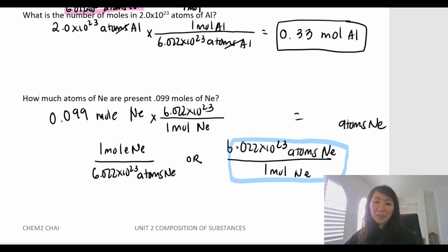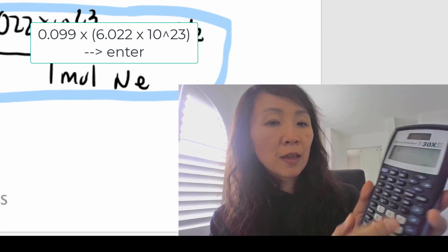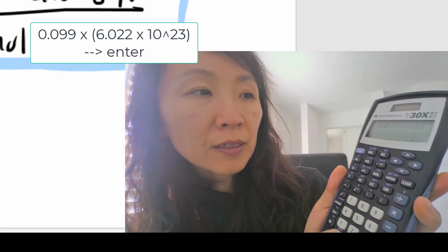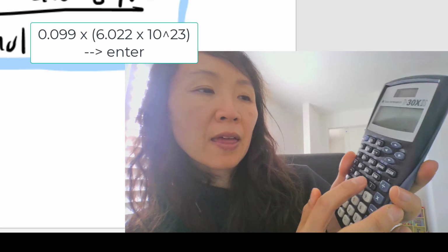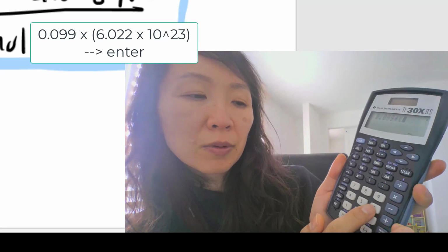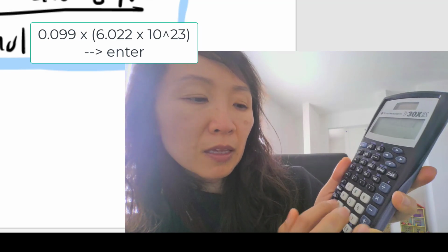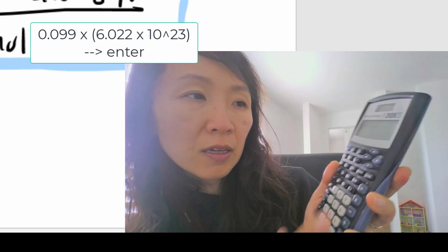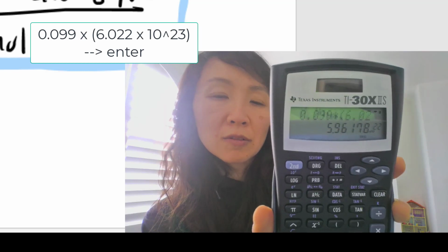Right? And then let's go ahead and calculate this out. The moles cancel out. So we press 0.099 times, open the parentheses, and include the 6.022 times 10 to the 23. Close it and press enter.